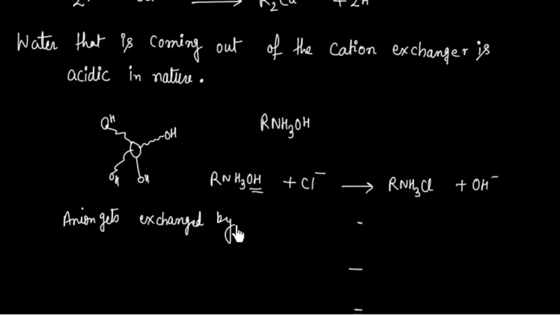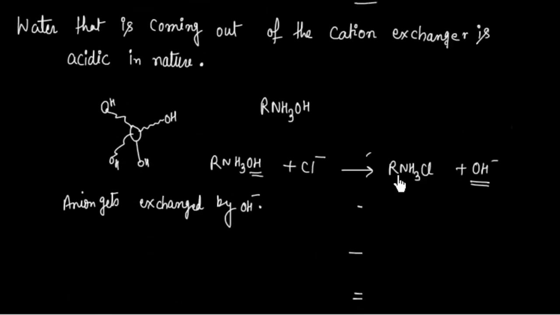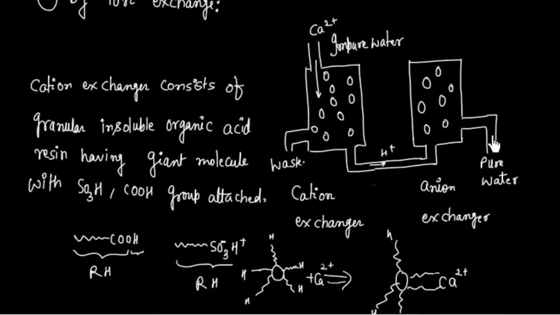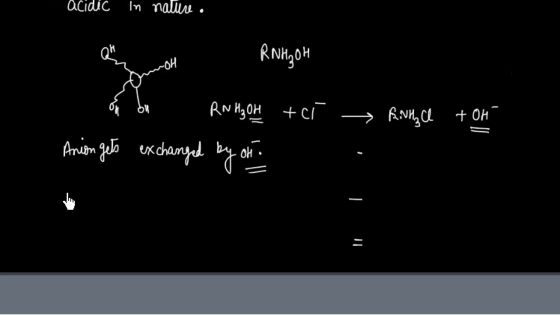So you see, when we exchange OH minus, now water becomes basic. Initially it was acidic, that it contains H plus, now it contains OH minus. This means finally water becomes electrically neutral, that is neither acidic nor basic. So this is neutral water. So pure water that is coming out of the anion exchanger.